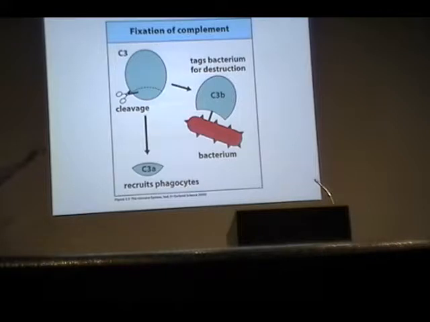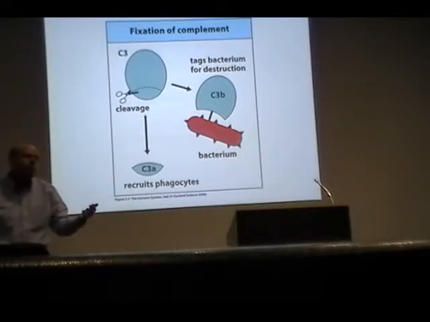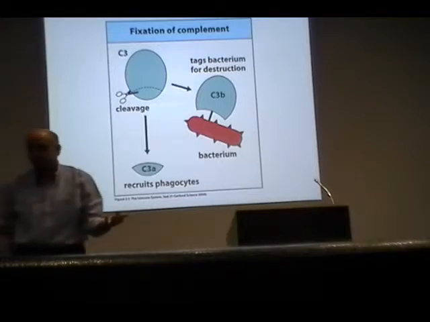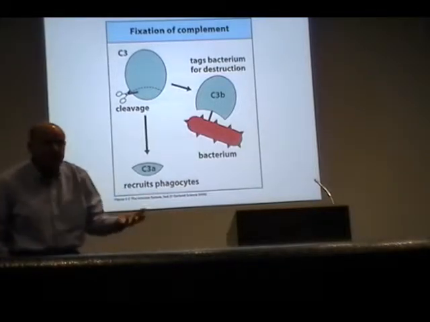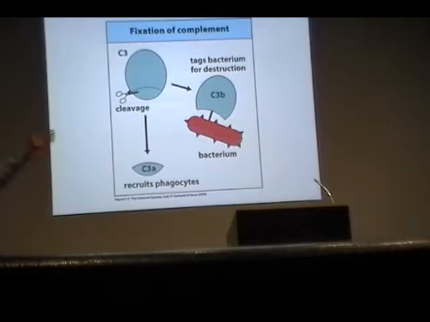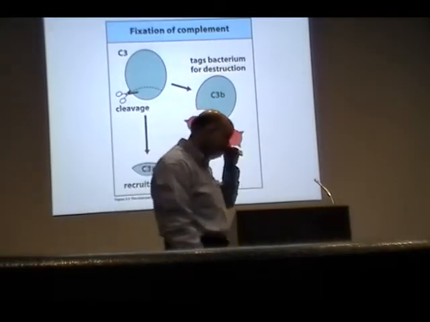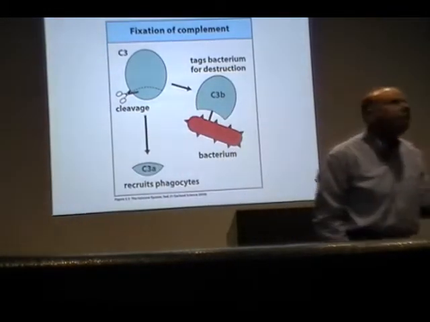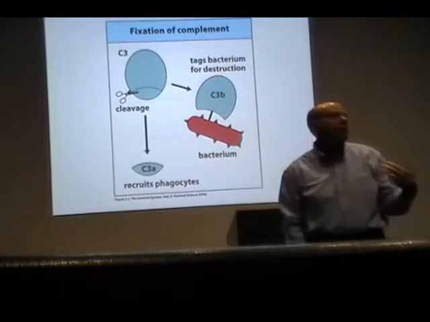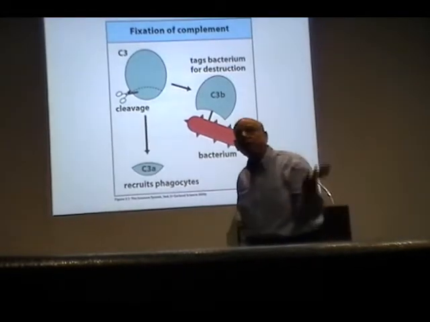It's just shown as a scissor. C3 convertase could be called C3 protease because it makes a proteolytic cleavage in a molecule called C3. So in circulation, complement proteins are made by the liver. We have high levels, milligram per ml levels of C3 in circulation all the time.